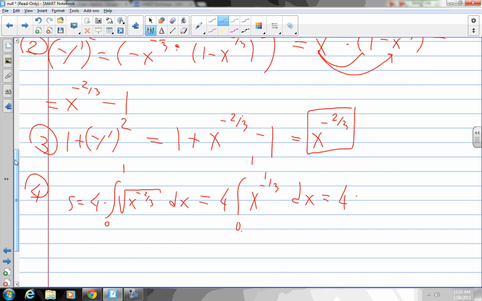So you add 1, it becomes x to the power 2/3, and then you multiply by the reciprocal, so it's 3/2, evaluated from 0 to 1, right? So 4 times 3/2 is 6. You plug in 1, it's 1. You plug in 0, it's 0. So it's just simply 6.